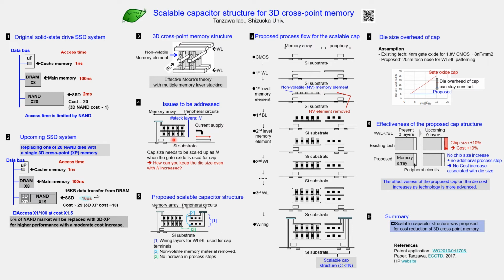And that current for boosted voltages is provided by on-chip boost converters.